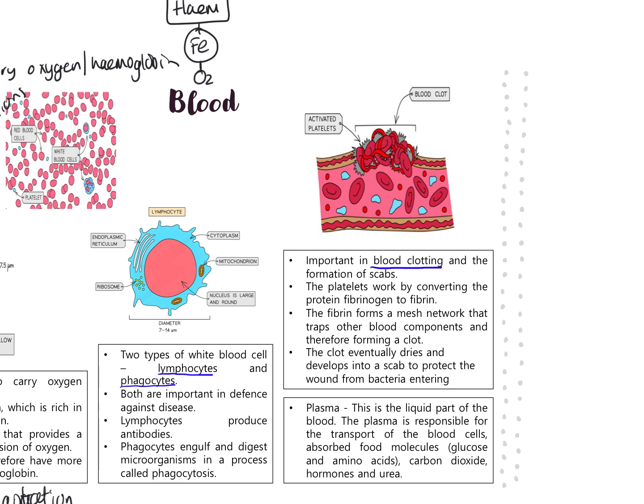How it causes our scab to form is it causes a protein known as fibrinogen to turn into fibrin, and that's it. That's all you have to say, right? And that'll create a mesh, and that's your scab. So that mesh network that we're talking about is a scab. And it's a clot, okay?